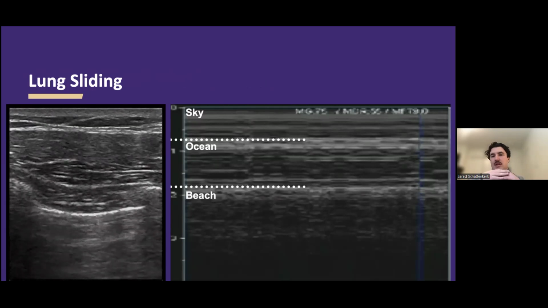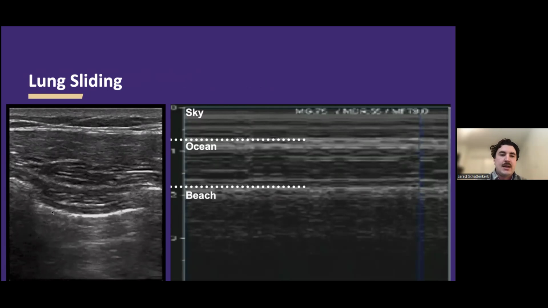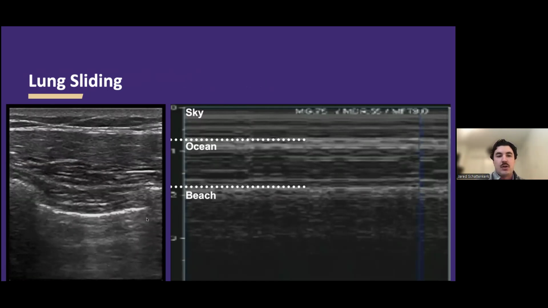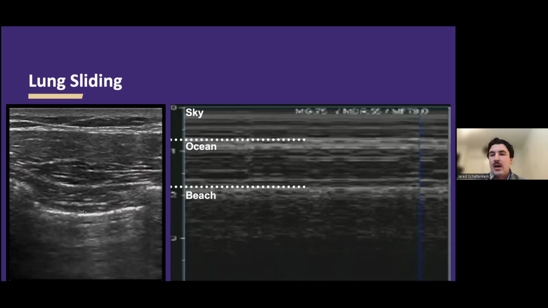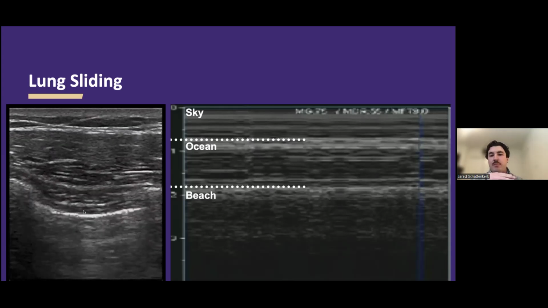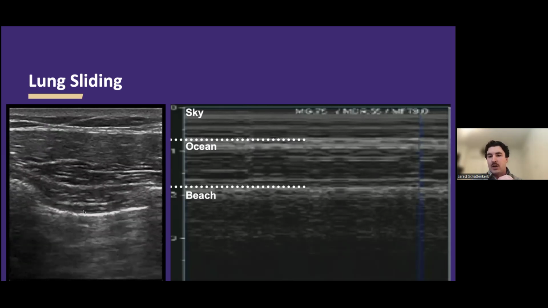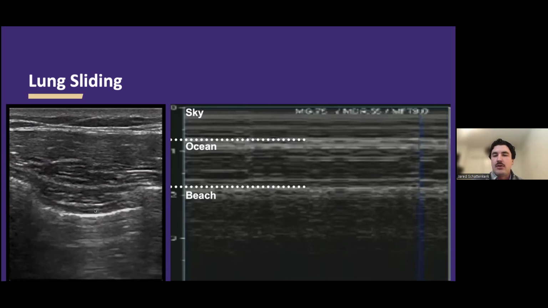With the respiratory cycle, they slide back and forth as the patient breathes. This gives what's called a shimmery, or sometimes an ants on a log appearance. Again, this is a normal finding. This means the visceral and parietal pleura are abutting one another.